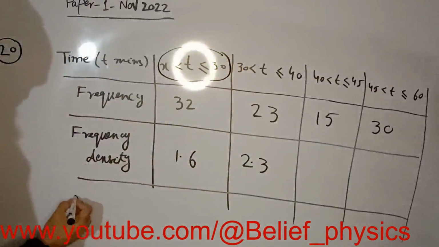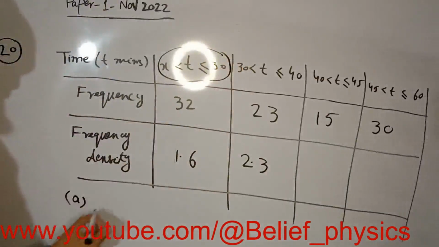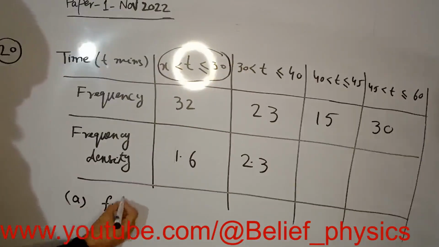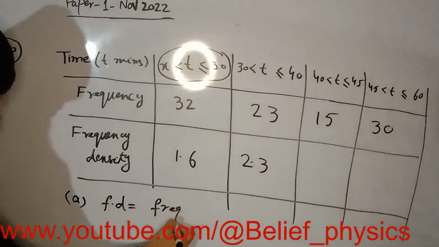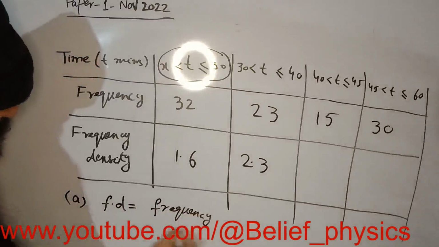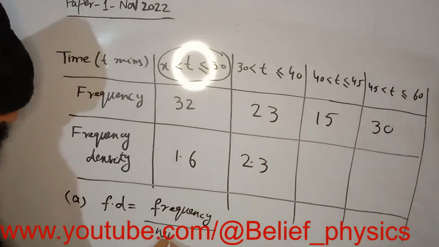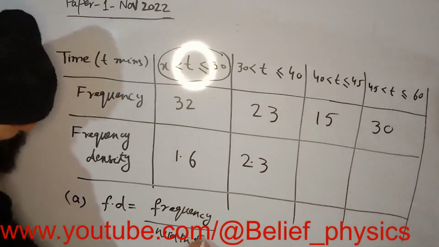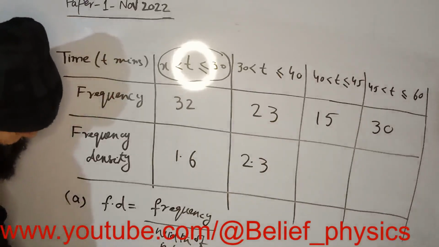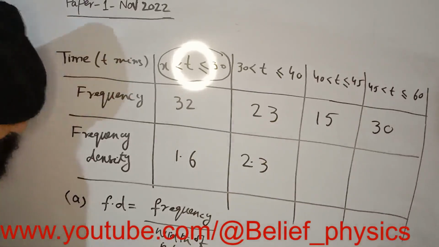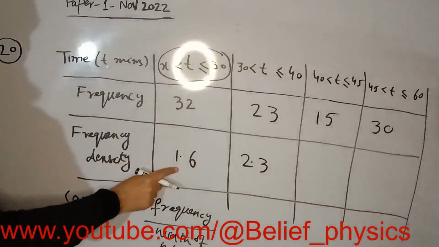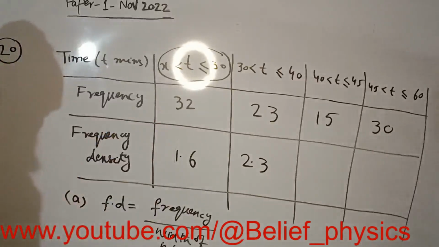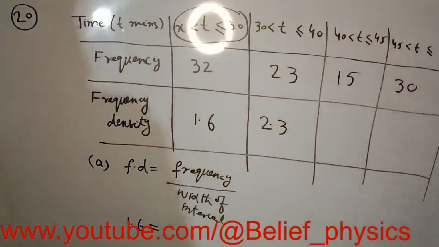We know that frequency density is equal to frequency divided by width of interval. So this implies that here frequency density is 1.6.